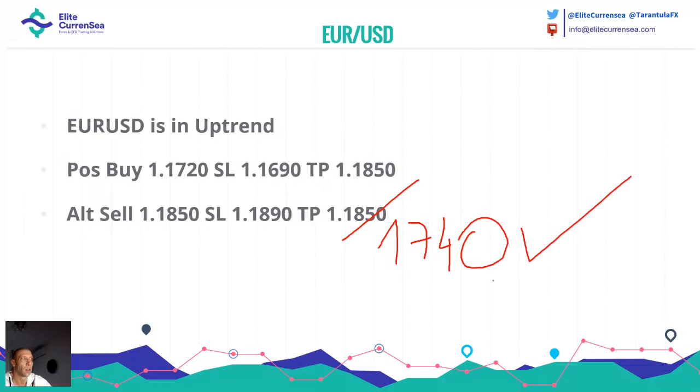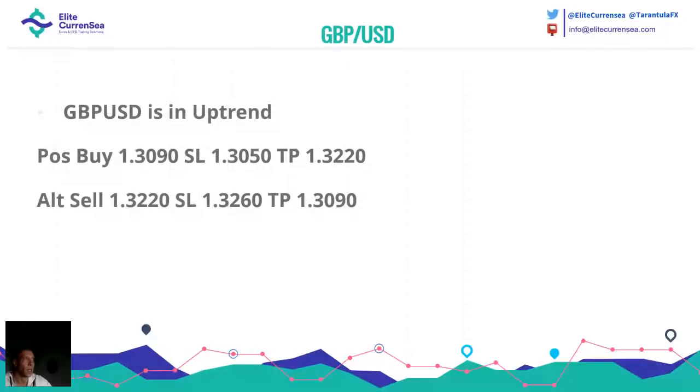GBP dollar, positional possible at 3090 with a stop loss 3050. TP is 3220, sell is 3220, stop loss 3260, and TP is 3090.